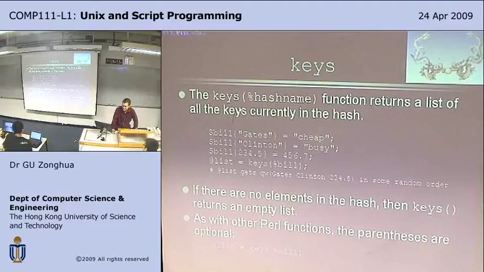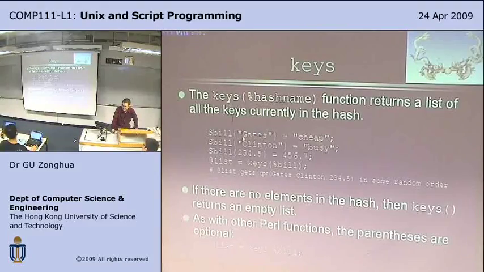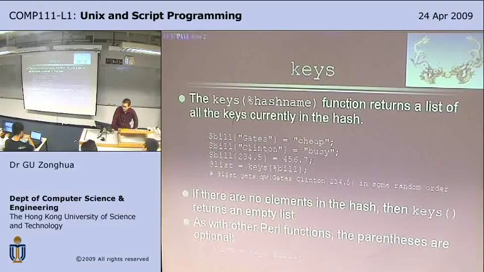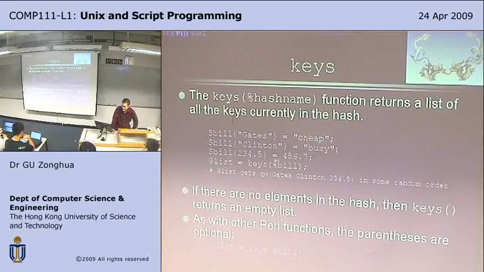So just for review, keys, parentheses, hash variable name, returns a list of all the keys in the hash.